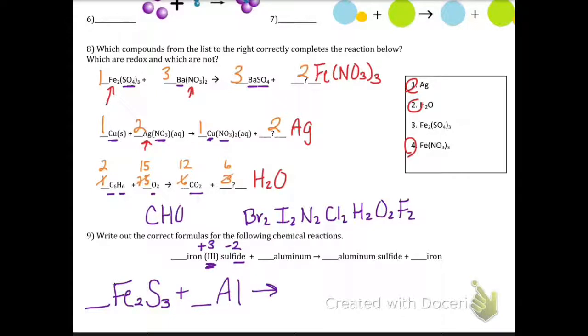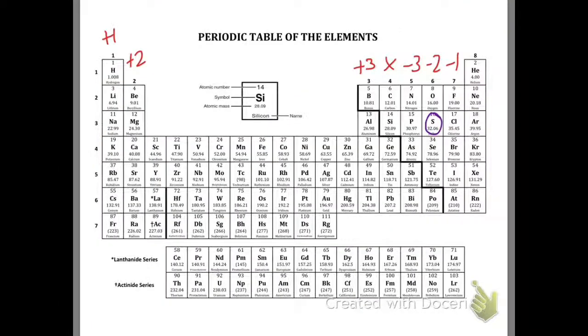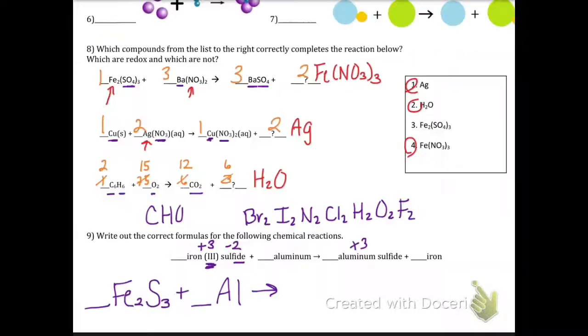Then the next part is aluminum sulfide. So here we know aluminum was already +3 because aluminum is sitting right here. That's +3. We know that sulfur is -2. So it looks very similar. We need 2 aluminums for every 3 sulfurs.